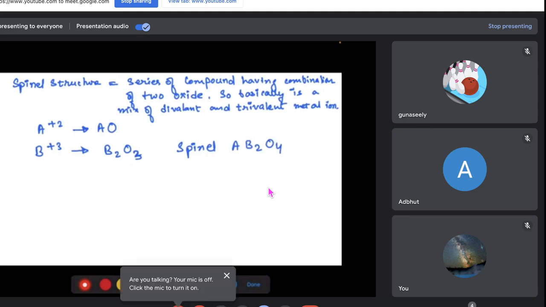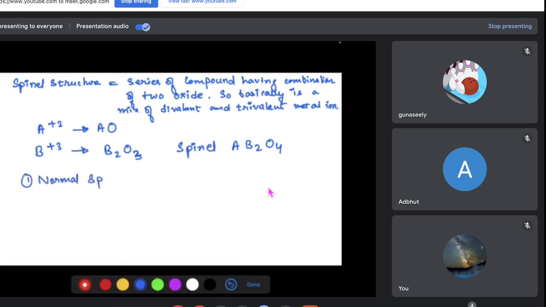Now there exist two types of spinel. One is normal spinel and the other one is the inverse spinel.